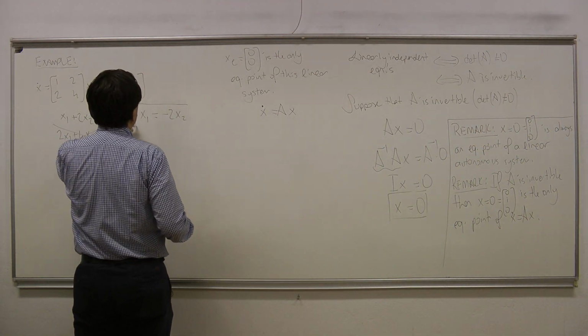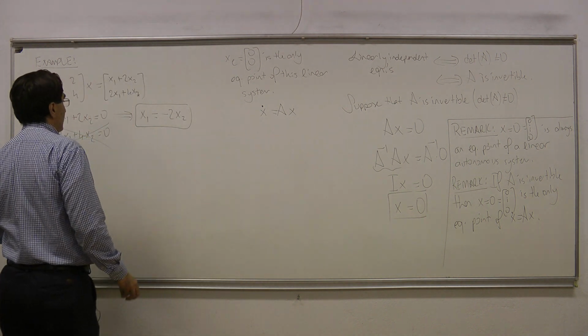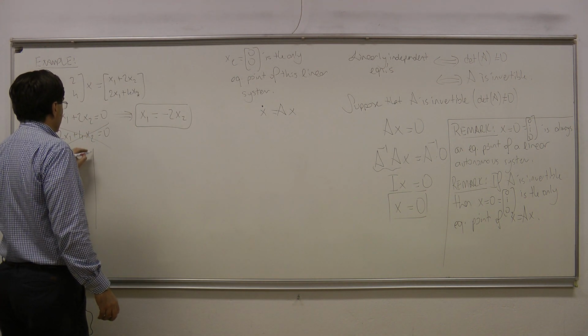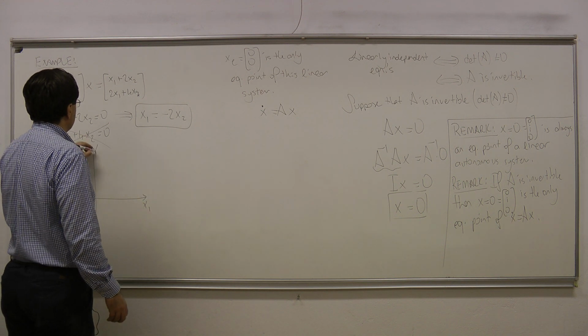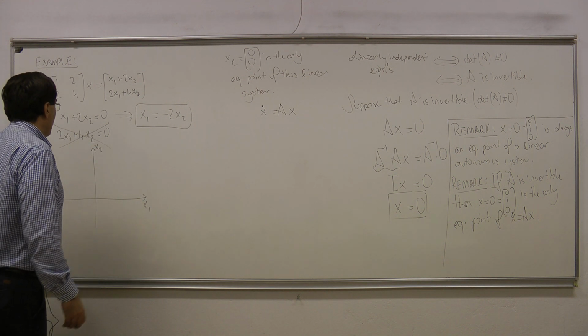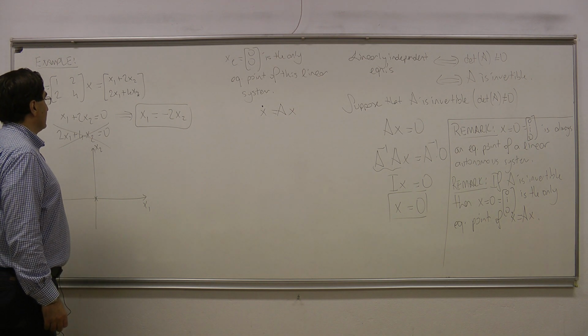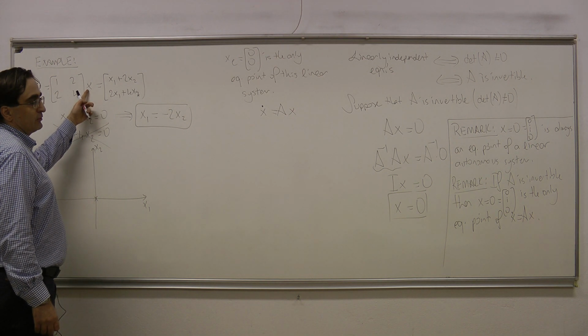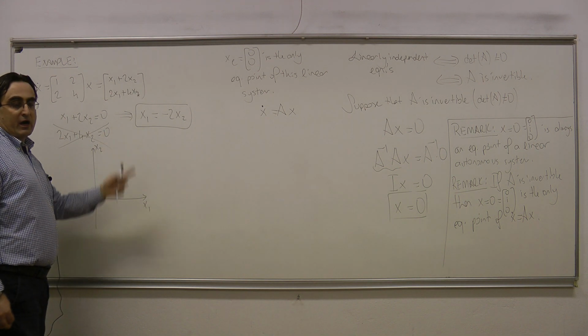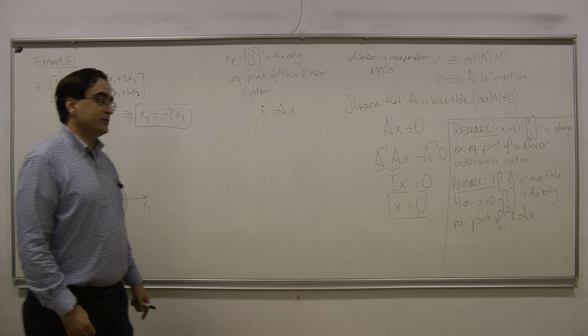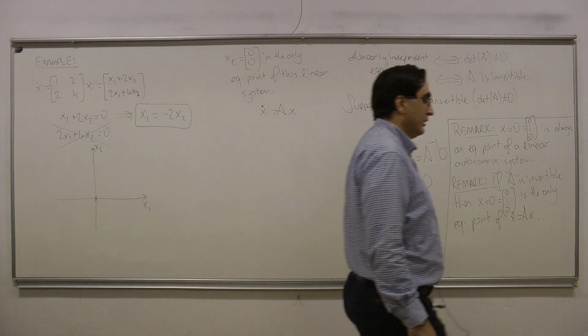So I have the condition for the equilibrium point. So where are the equilibrium points of such a system? This is my state space, x1, x2. I know that the origin is an equilibrium point. Just substitute x equals 0. But there are actually more equilibrium points than the origin here.